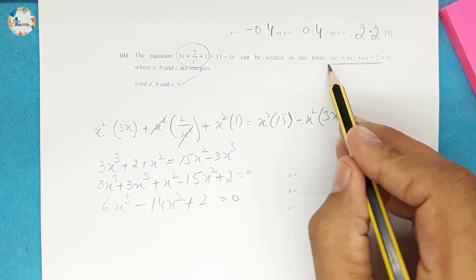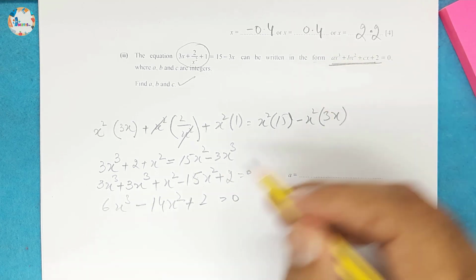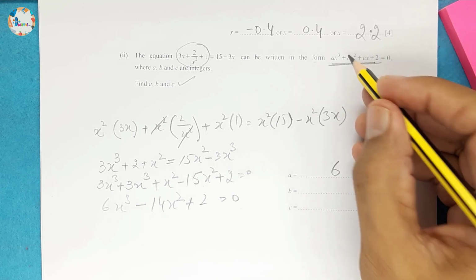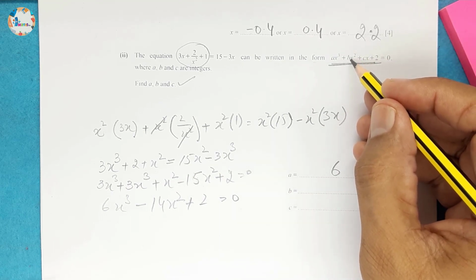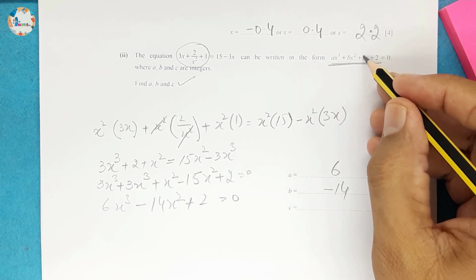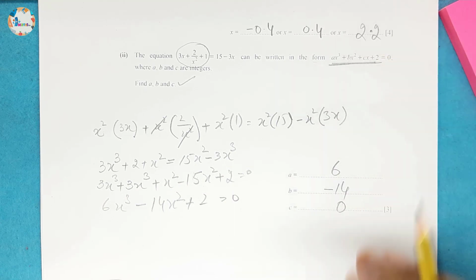So now if we compare this equation and this equation, A will be the coefficient of x cubed, which is 6, and the coefficient of x squared is B, so this will be minus 14, and C is the coefficient of x, which is not there, so it will be 0, and the constant value is plus 2, which is matching.